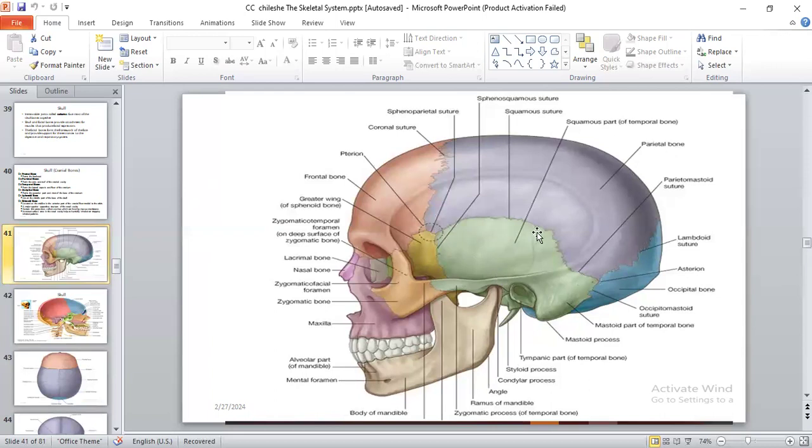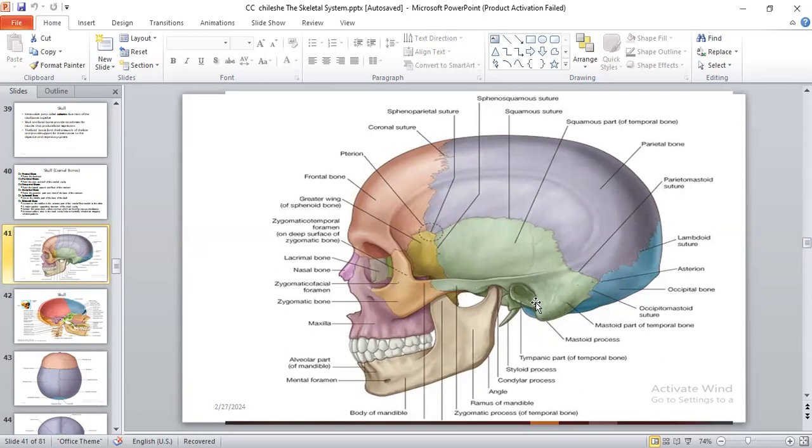So when you look at this temporal bone, it has parts. One, it has this projection which goes to articulate with the zygomatic bone. This projection is known as the zygomatic process of the temporal bone.